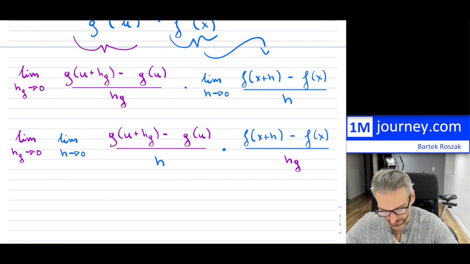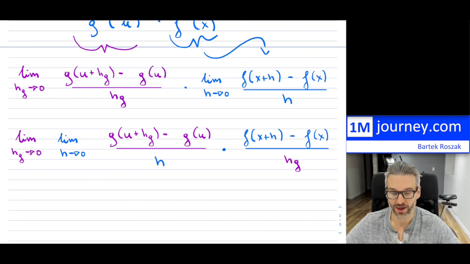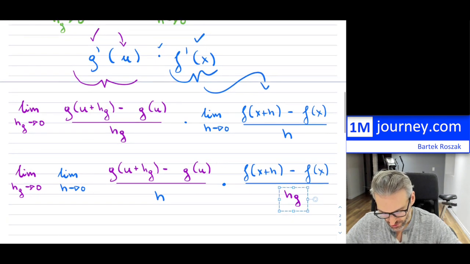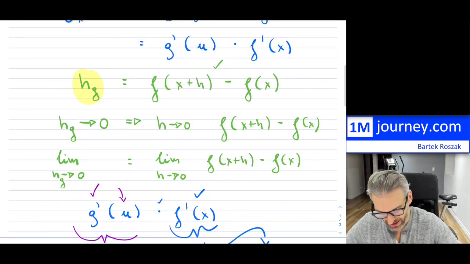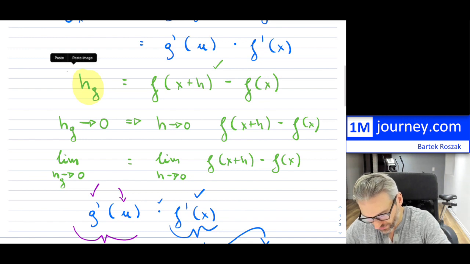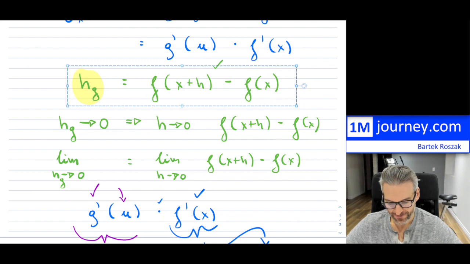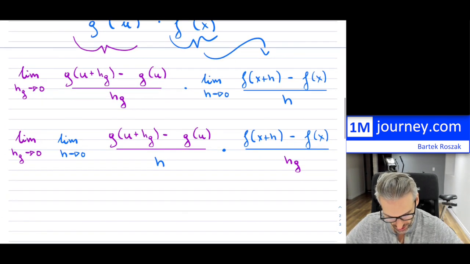Now, I do know what hg actually is, right? This particular hg I have defined to be, if I go back in here, that is what hg is. So hg is just all of that.